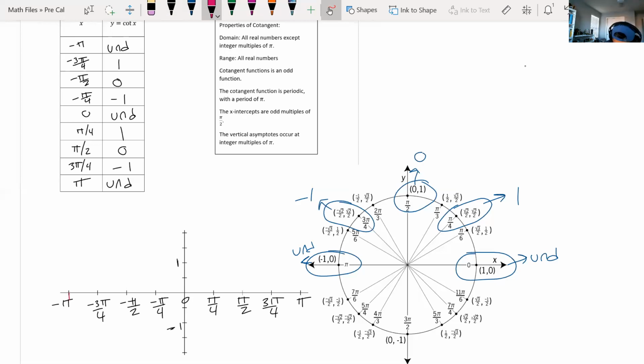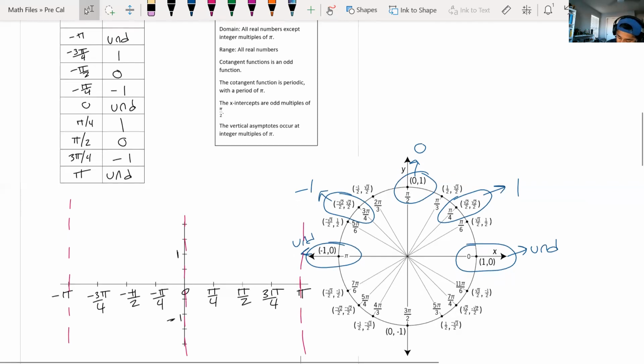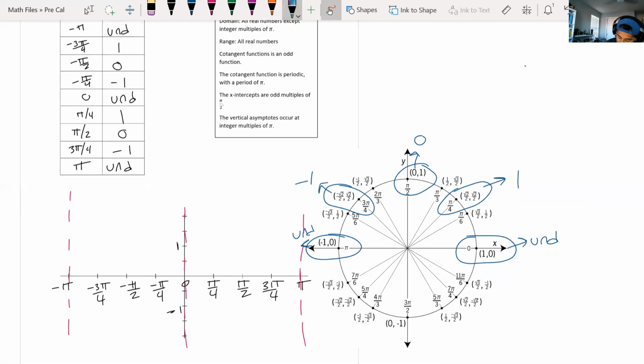So I'll have a vertical asymptote here at 0 and at pi. Okay, and then we can plot the other points. Negative 3 pi over 4, I'm at 1, 0, -1, 1, 0, -1.